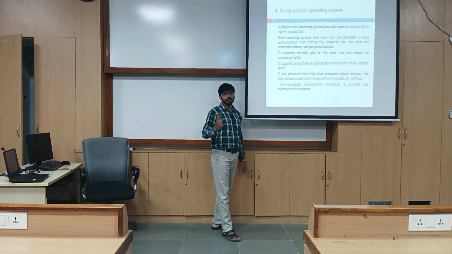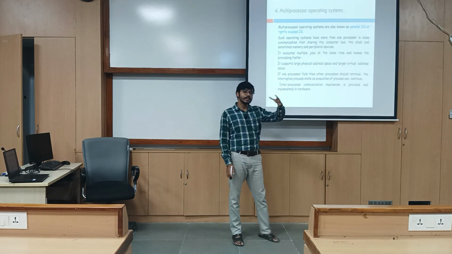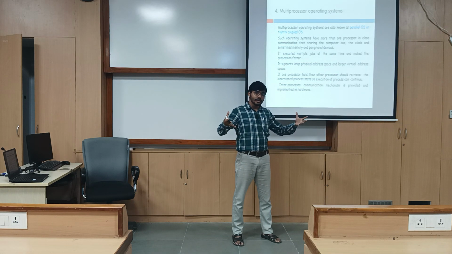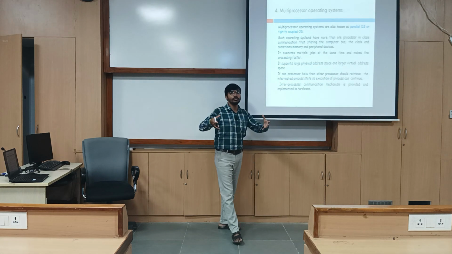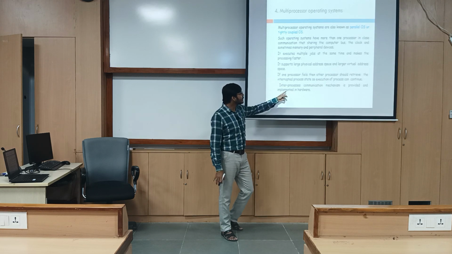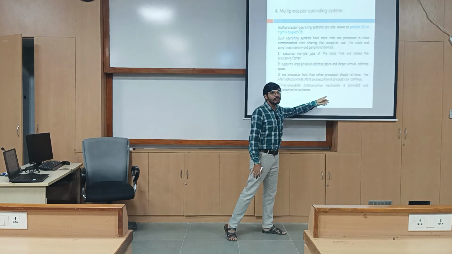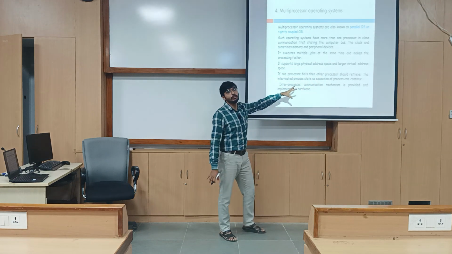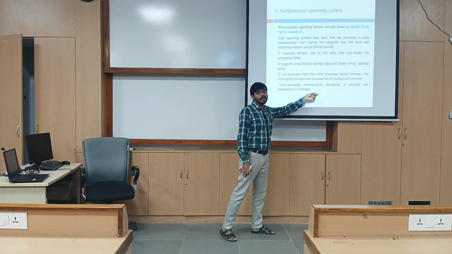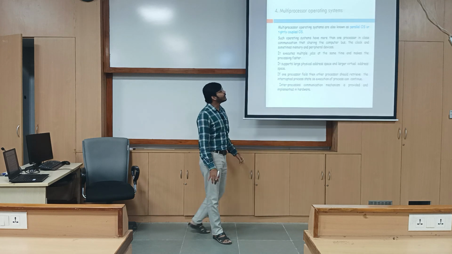So what can we do? We have two options. Either we can buy multiple desktops, or we can associate multiple cores or multiple CPUs into a single hardware. So the better option is to manage a single hardware and borrow multiple CPUs and utilize that particular amount of resource to process the various tasks.